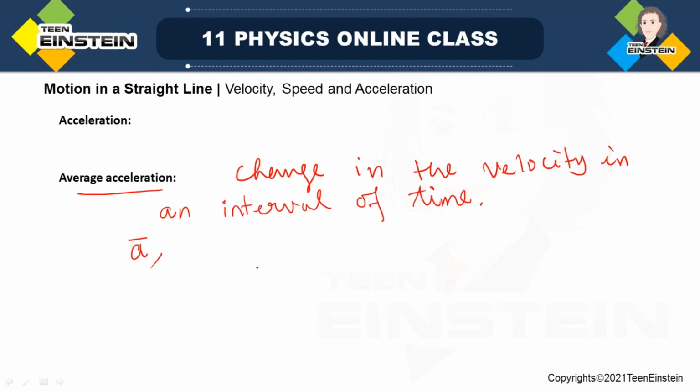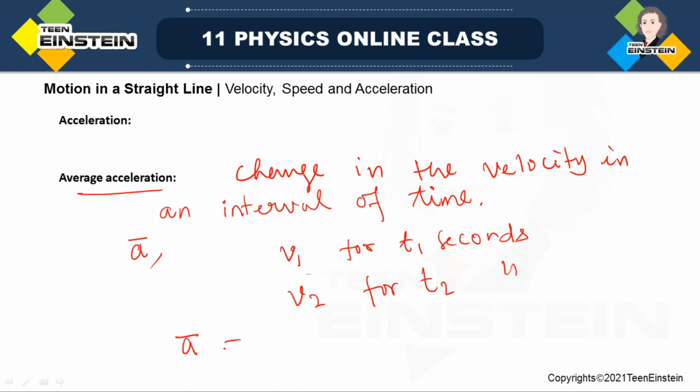Now suppose an object is moving with a velocity v1 for t1 seconds, or in other words, it has velocity v1 at t1 seconds, and the object is moving with velocity v2 at t2 seconds.